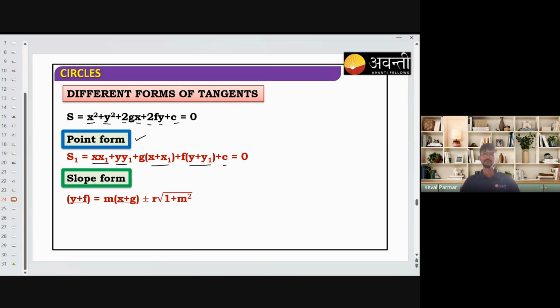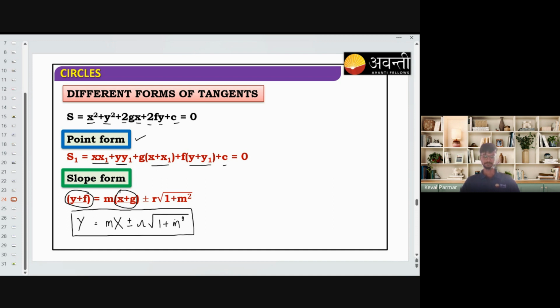What is the slope form, guys? Slope form is y plus f is equals to, let's say capital Y, so Y is equals to m, let's say this is capital X, plus or minus r under root of 1 plus m squared. Y is equals to mX plus minus r under root of 1 plus m squared.